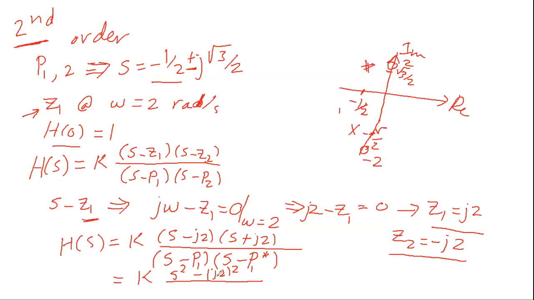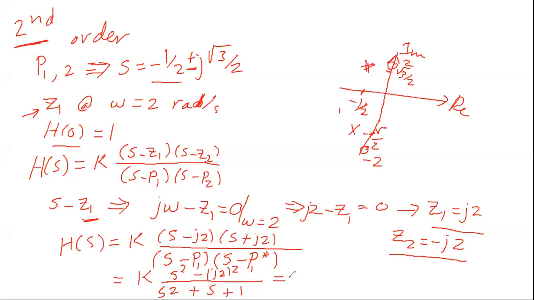So this is S square minus j2 square. And this one here, you can do it by yourself, is going to be S square plus S plus 1 if you substitute P1 and P1 conjugate. So do it by yourself, substitute P1 with this value here, and P1 conjugate with the other value, and you will get this value here, okay?